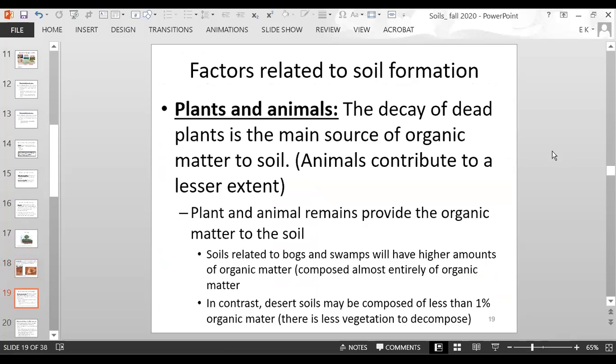The third factor is plants and animals. The decay of dead plants is the main source of organic matter to soil. Animals contribute to a lesser extent. Mostly we are referring to dead plants, plant material.